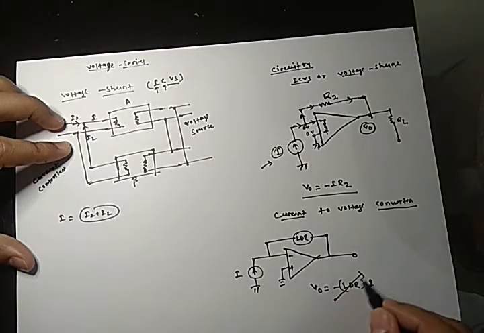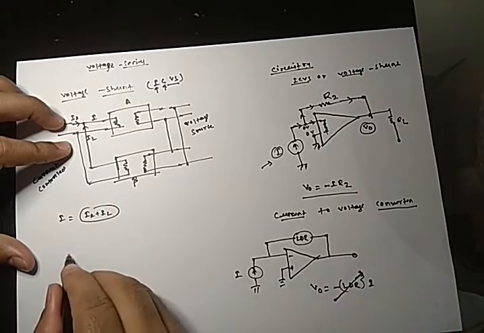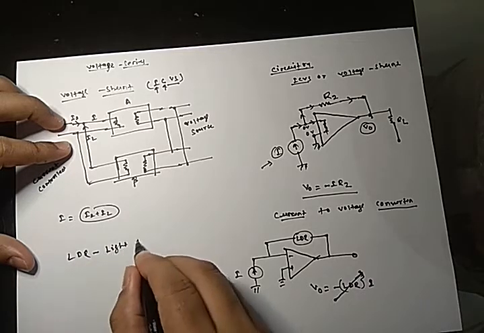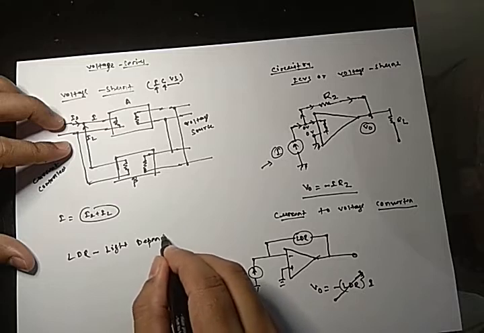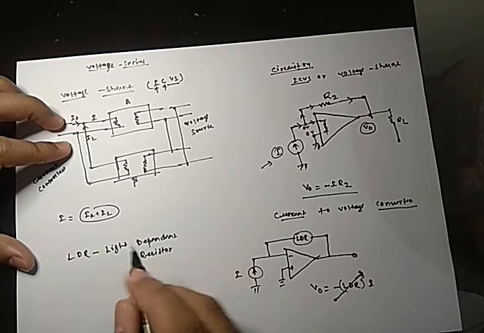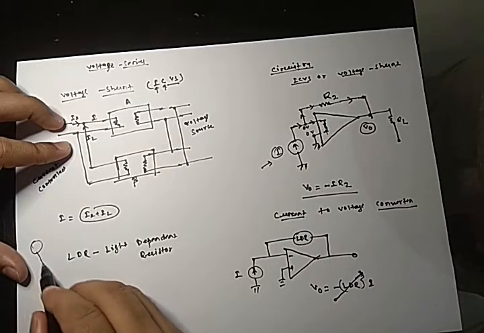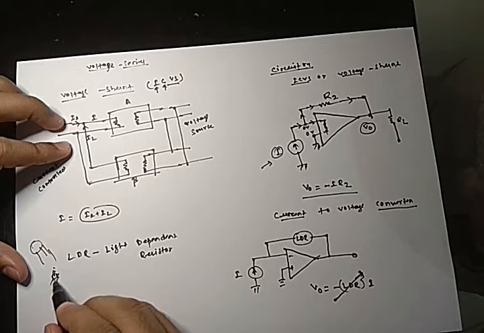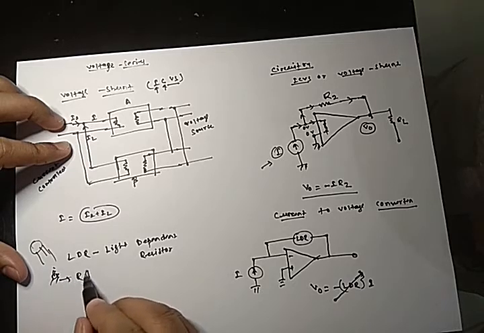Now according to sunlight, the value of the LDR changes, LDR meaning light dependent resistor. Now if the sun rays fall over this LDR, then its R will increase.